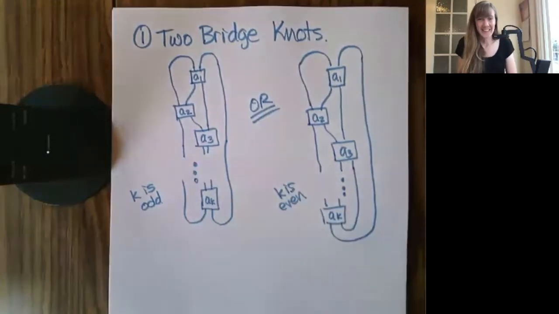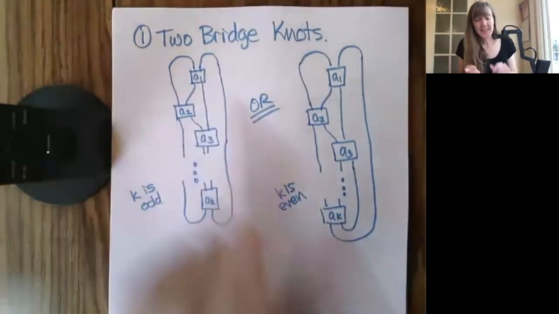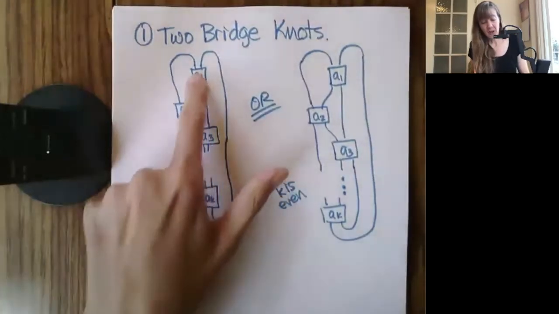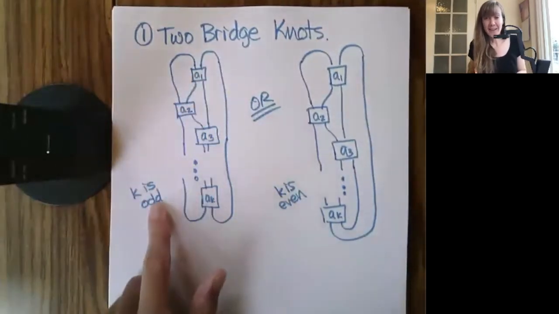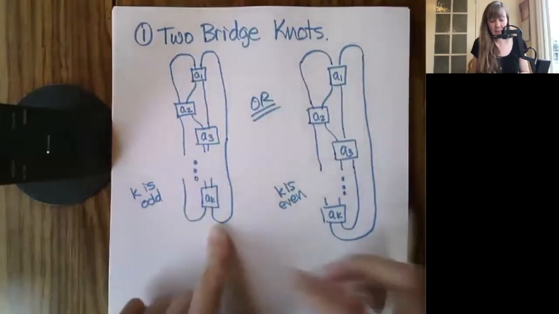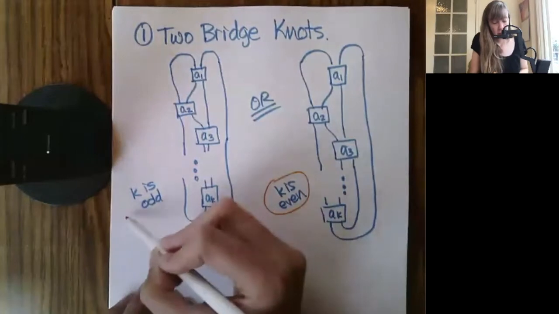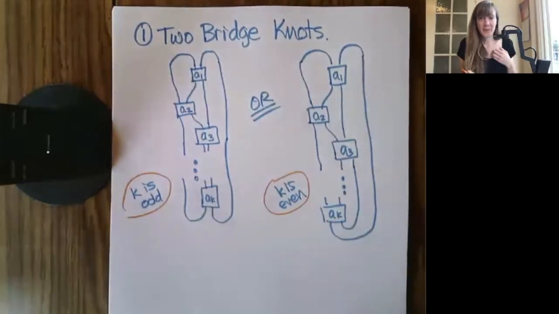When I'm drawing these little boxes, of course, that means you have a_i as an integer. So you have a_i twists between the two strands that go into the box. And so you have all these little twist regions. If you have an odd number of twist regions, then this is the template for how you close it back up. And if it is even, this is the template for how you close it back up.